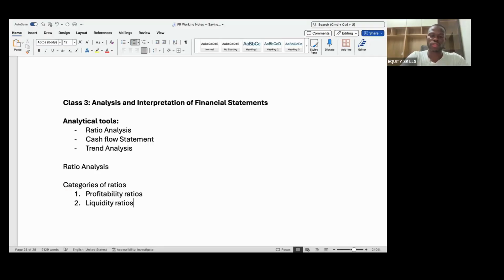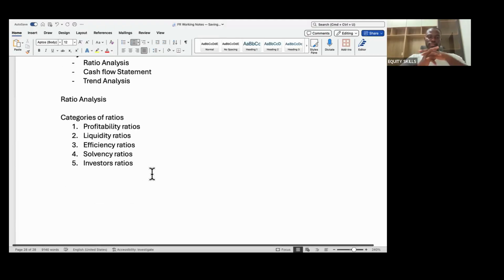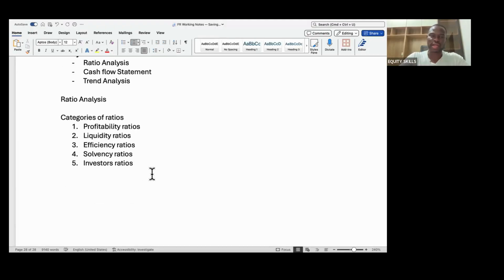Then we have liquidity ratios, then efficiency ratios, thereafter solvency ratios, and finally investors ratios. So these are the 5 categories of ratios that help analyze the different aspects of the financial statements.